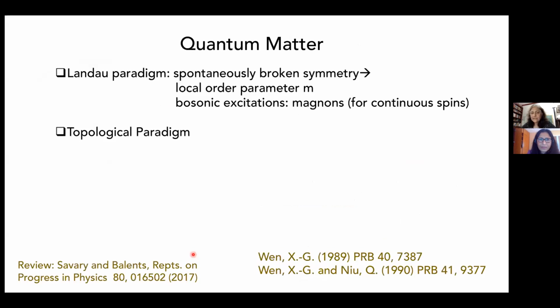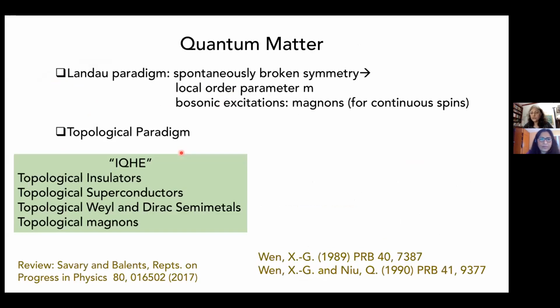Now, what it actually does is it brings in a whole different paradigm in how we understand quantum matter. There is the usual Landau paradigm of spontaneously broken symmetry, which is described by a local order parameter. It adds to that a topological paradigm. And even within the topological paradigm, you can think of 2 avenues. One is what I call the integer quantum Hall effect. This is topology through Berry phases in the bands, but you can still understand it within a non-interacting picture.